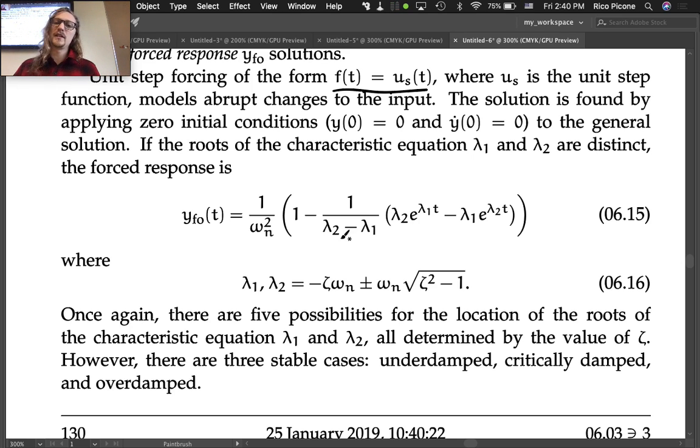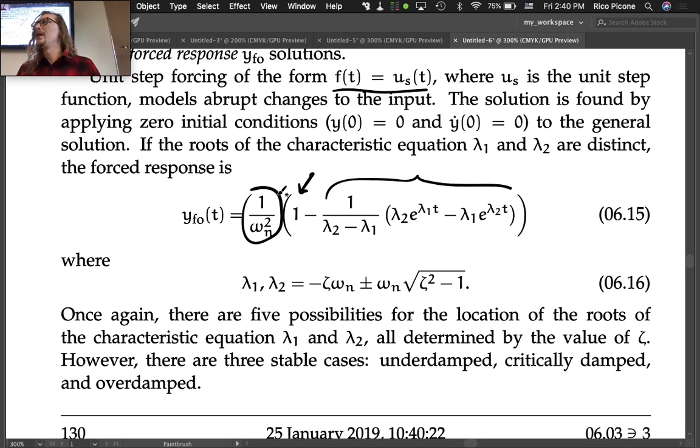This part right here is identical to the free response. But there's this extra offset term. This term is negative, and we have this 1 over omega n squared. So as time goes to infinity, assuming we have a stable system, this term is going to end up going to 0, and we're going to end up in the final value at 1 over omega n squared.